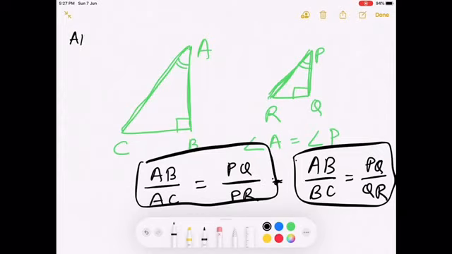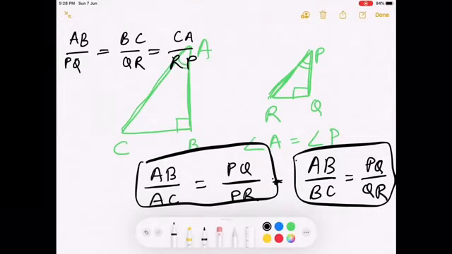The first triangle has sides AB, BC and CA, and the second triangle has sides PQ, QR and RP. So I could have written that AB upon PQ is equal to BC upon QR is equal to CA upon RP. But I did not want to write like this. I wanted to write like this.